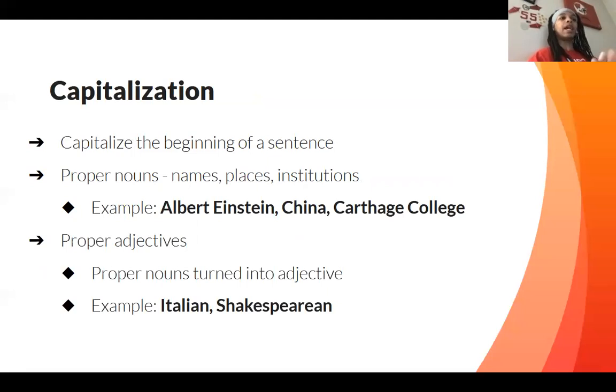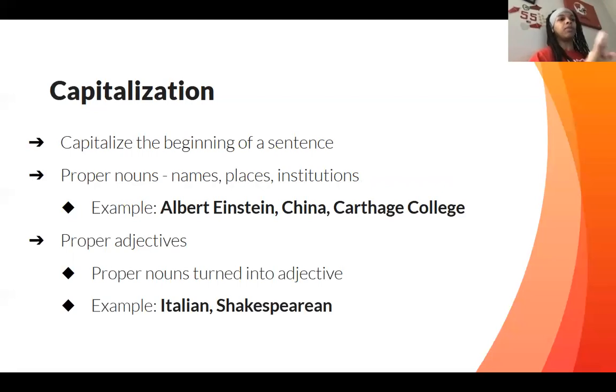The next thing is capitalization. So you always capitalize the beginning of a sentence, but other things that do have to be capitalized that don't start at the beginning of the sentence are places or proper nouns, which are things like names, places, or institutions. So my name, Lexington, would be capitalized. A place or institution such as Carthage College, that would be capitalized.